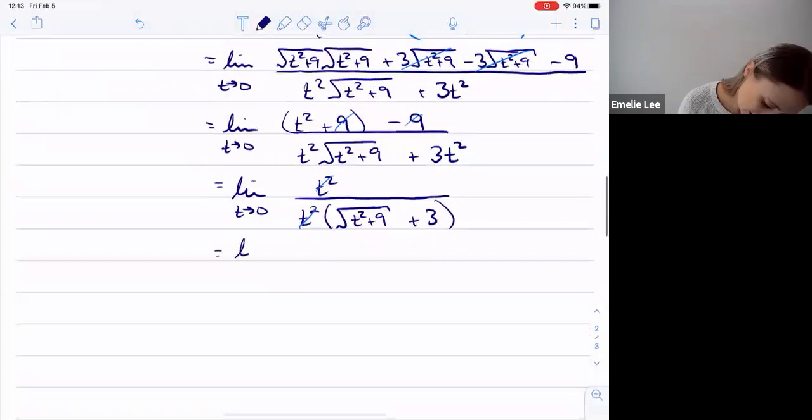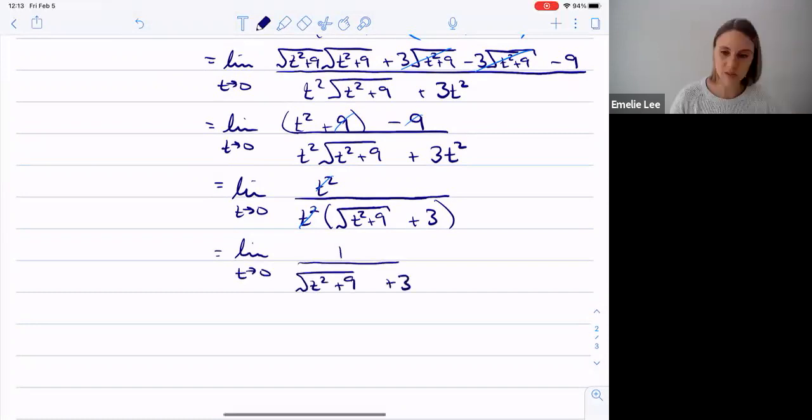So then I get the limit as t goes to 0 of 1 over the root of t squared plus 9 plus 3. This we can work with.